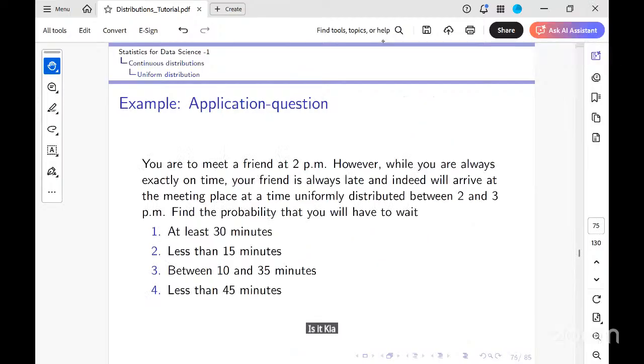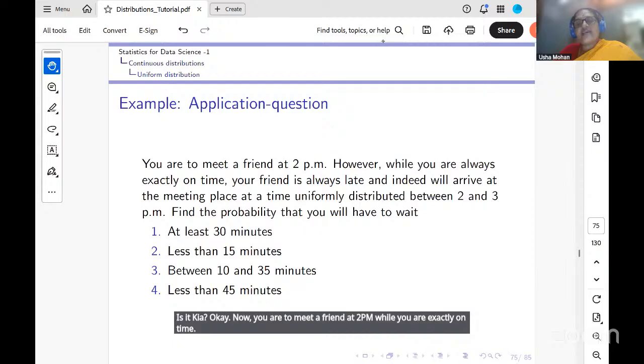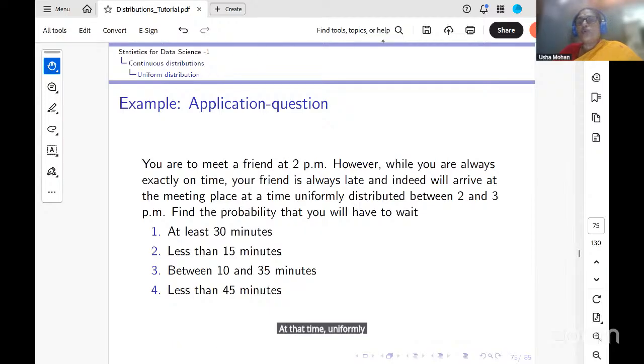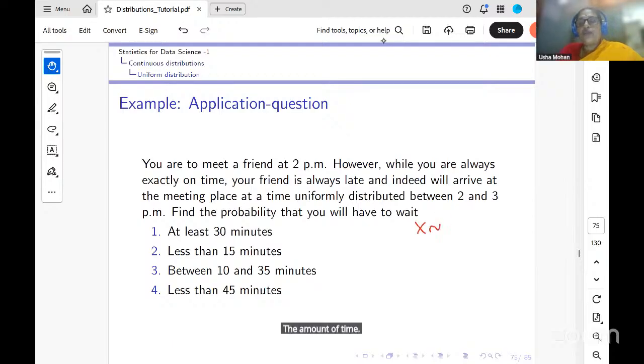Now, this application question: you are to meet a friend at 2 p.m. While you are exactly on time, your friend is always late and will arrive at a time uniformly distributed between 2 p.m. and 3 p.m. So what is uniformly distributed? The amount of time that you have to wait.